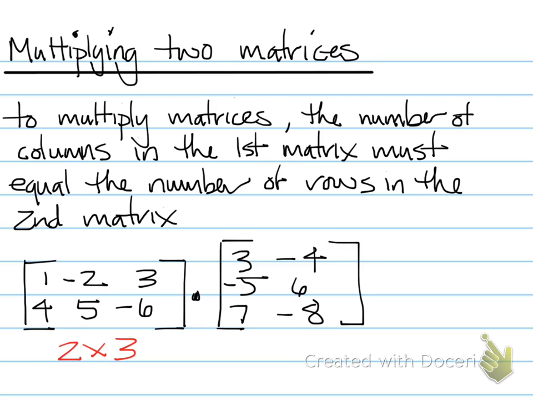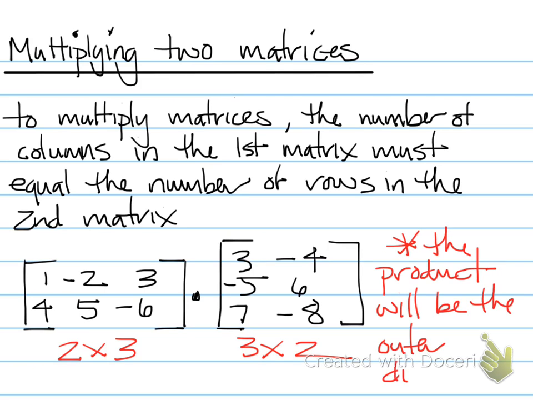The second matrix is a 3 by 2 matrix, 3 rows, 2 columns. All right, those middle numbers are the same. That means that the number of columns in the first matrix is the same as the number of rows in the second matrix. So that lets us know that we can multiply those two matrices.